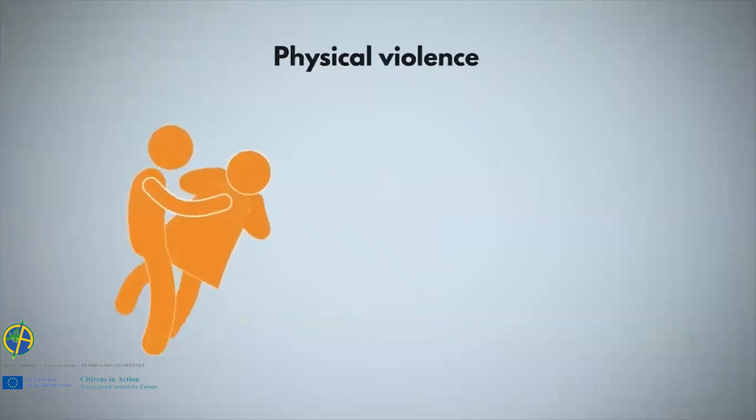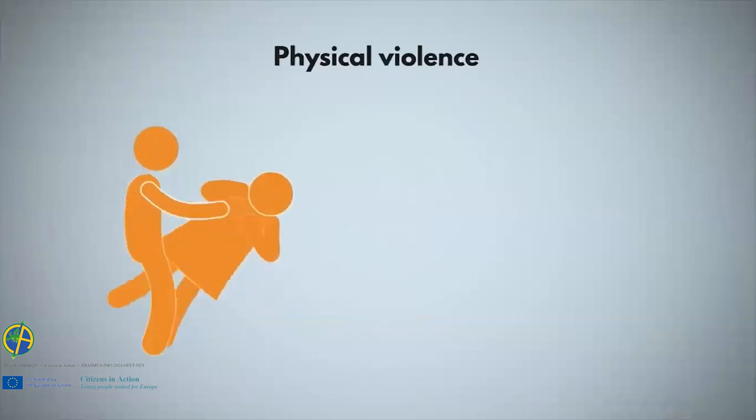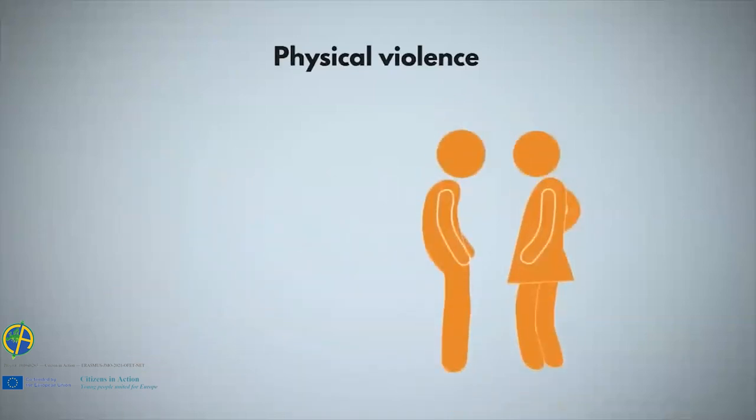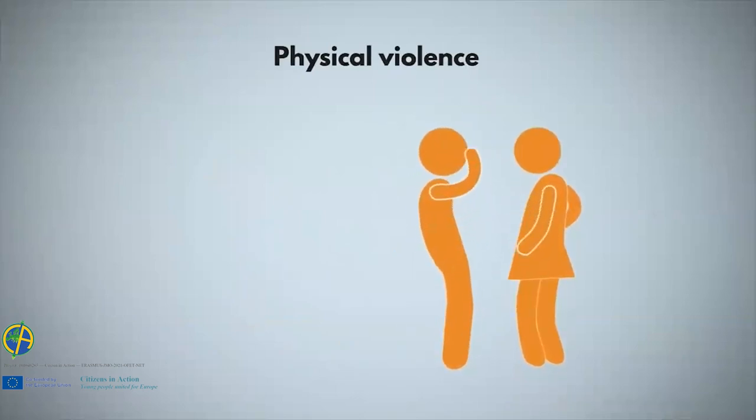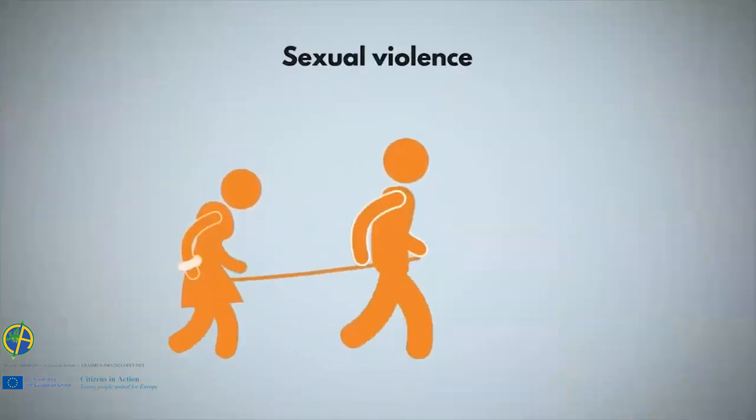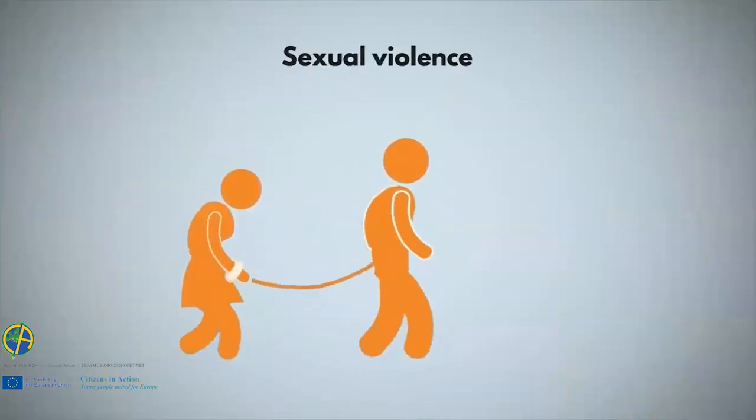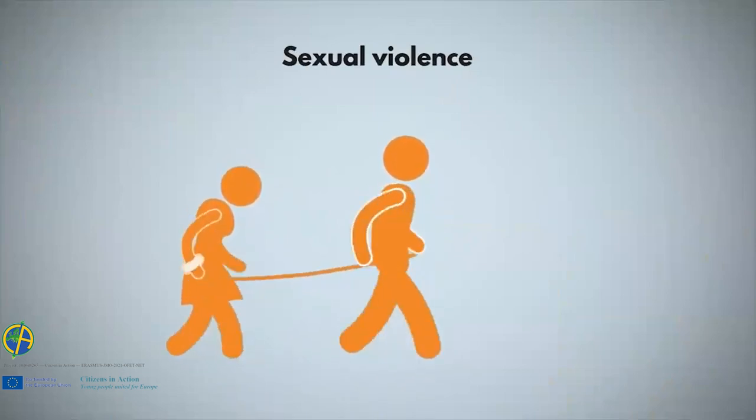Physical violence is the intentional use of physical force or threats of violence. From a pinch to a punch, any act or threat of violence is damaging, whether the damage can be seen or not. Sexual violence is forcing, intimidating, or even tricking someone to engage in any sexual act against their will.